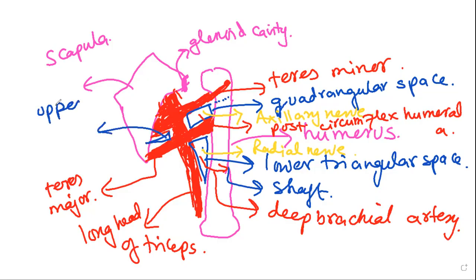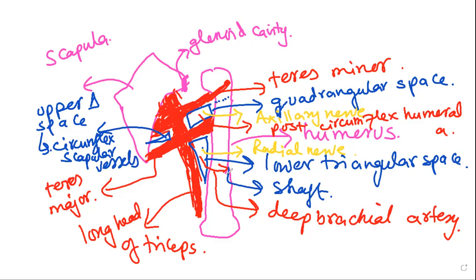This upper triangular space is having what? It is having your circumflex scapular vessels. Okay. So these are very, very important things which you must remember. Clear to everyone? This is clear?